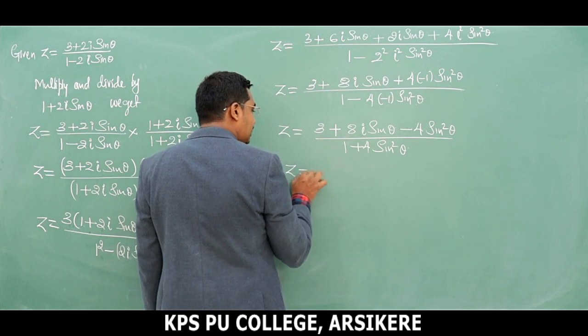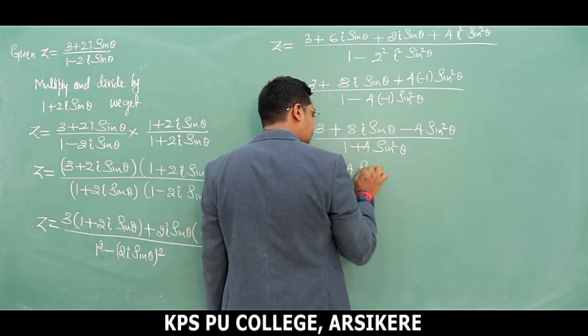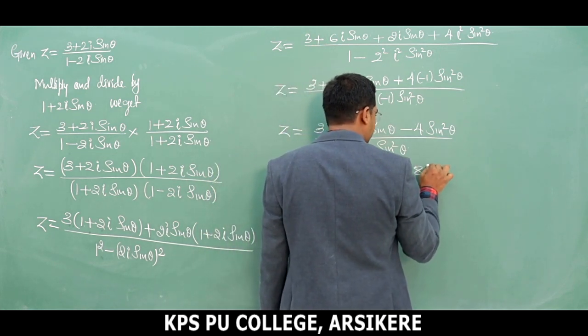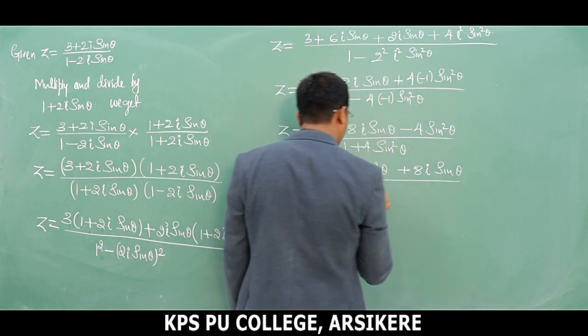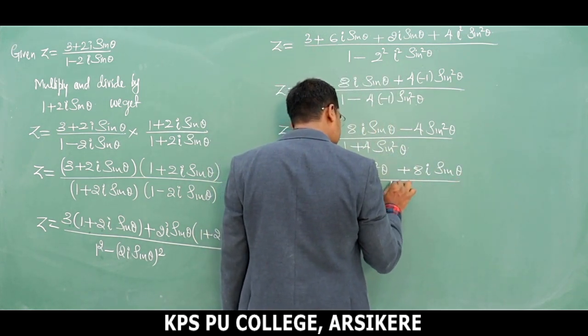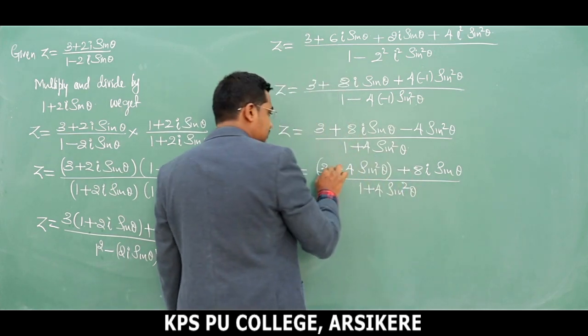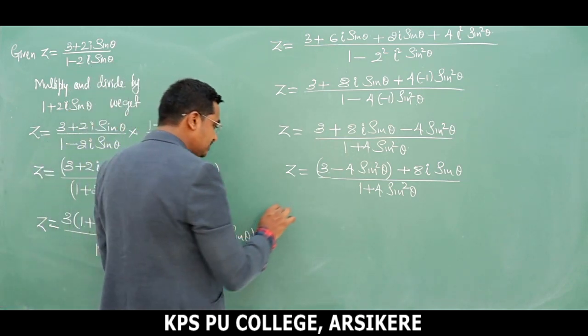So now separate the real and imaginary parts. This can be written as 3 minus 4 sin square theta plus 8i sin theta, whole divided by 1 plus 4 sin square theta. So now separate the real and imaginary parts of z.